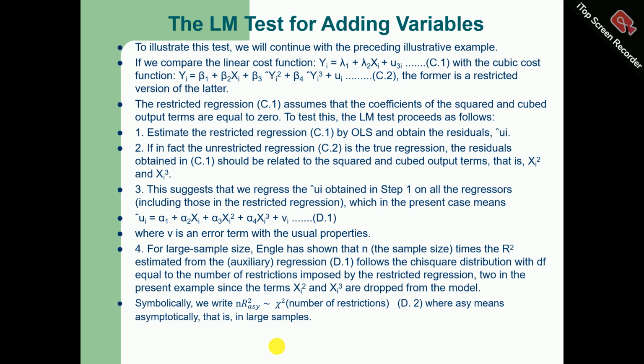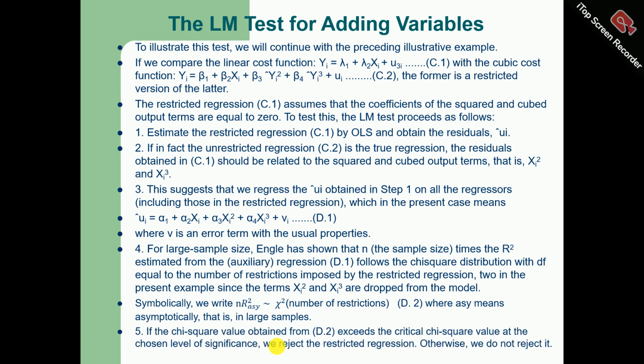Symbolically, we write n times R square is asymptotically chi-square with the number of restrictions as degrees of freedom, where asymptotically means in large samples. So if the chi-square value obtained from equation D2 exceeds the critical chi-square value at the chosen level of significance, we reject the restricted regression. Otherwise, we accept the restricted regression.